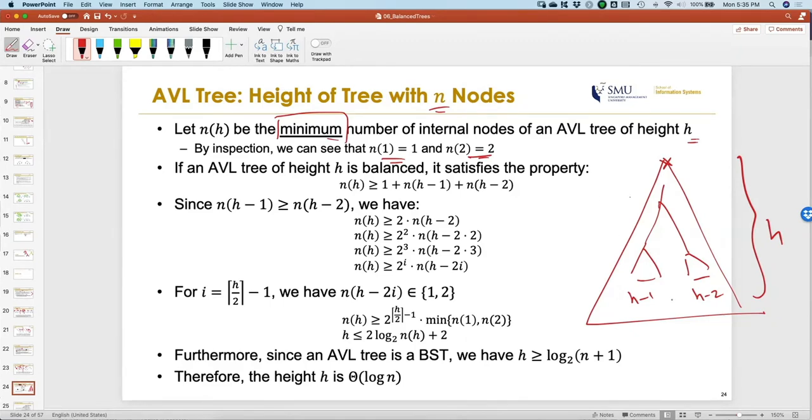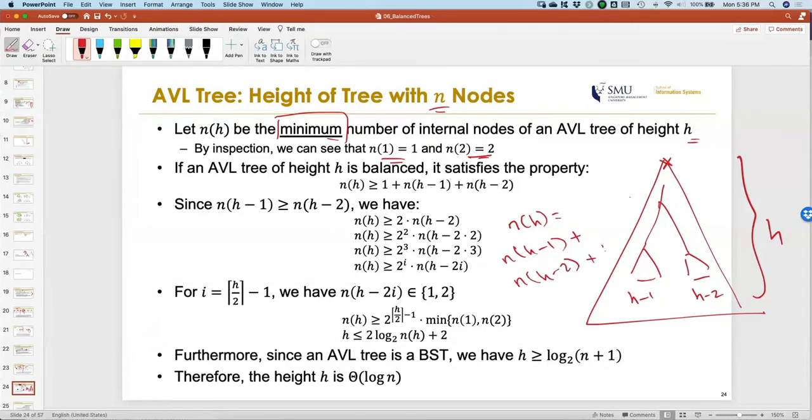Now, if I'm trying to find out the minimum number of nodes that I can find within this subtree of height h, well, the minimum number of nodes here, which is nh, is going to be whatever minimum I need for a tree of height h minus 1, plus whatever minimum number of nodes that I need for a tree of height h minus 2.